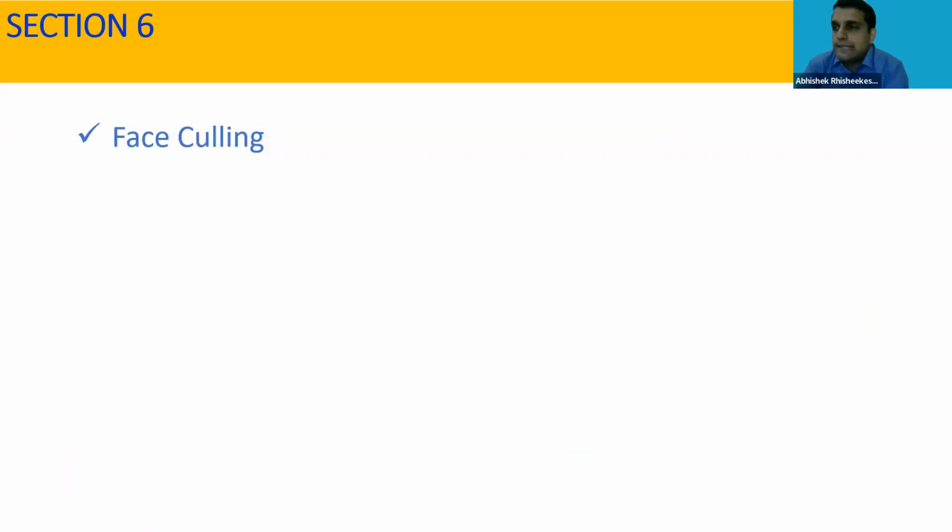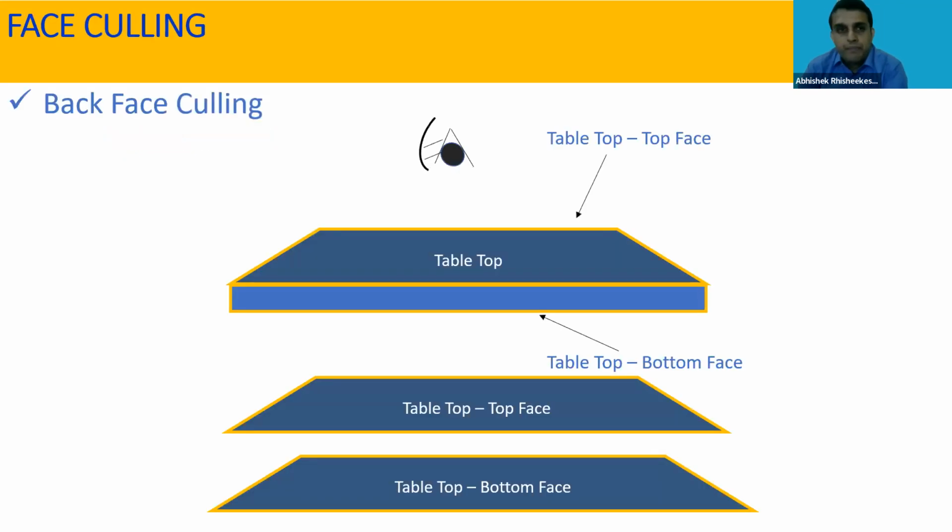In this section, we'll see the dark side of backface culling. Now, the most popular face culling method is backface culling. Consider the tabletop that we had seen in the prior sections.